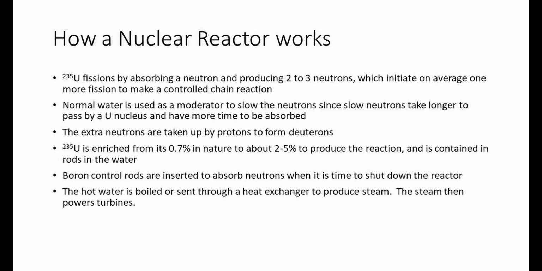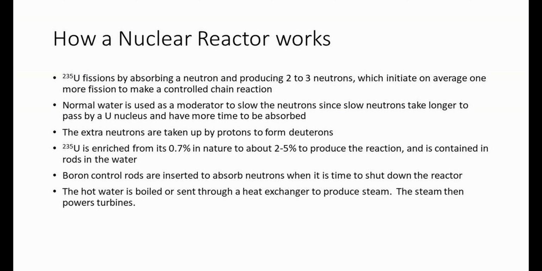Okay, so if you need to shut down the reactor for some reason, if it is going out of control, you can insert boron rods. Okay, and they will mop up the neutrons, and the reactor will basically cease operation. Okay, so just remember that.